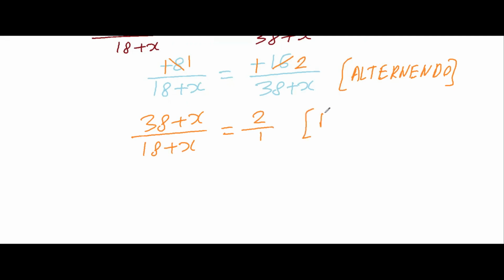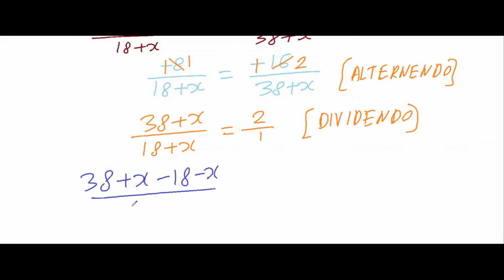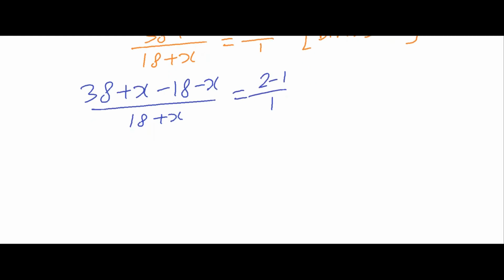Now again I am going to do dividendo. So when I do dividendo, that means 38 plus x minus 18 minus x divided by 18 plus x. Same thing here, 2 minus 1 upon 1. So here x and minus x will get cancelled. 38 minus 18 will be 20.